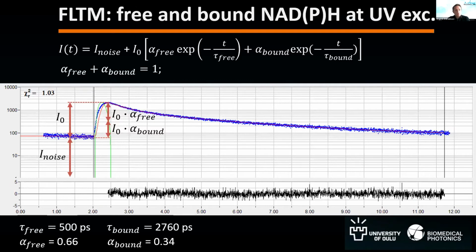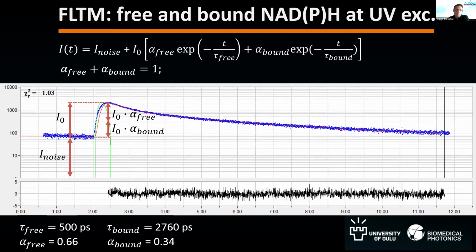If we stick to the time domain, which we do in this work, we analyze the fluorescence relaxation curve, and depending on the situation, we can consider a 1-exponential or 2-exponential decay. And for the 2-exponential decay, we can identify at least 4 parameters, which are more or less independent.